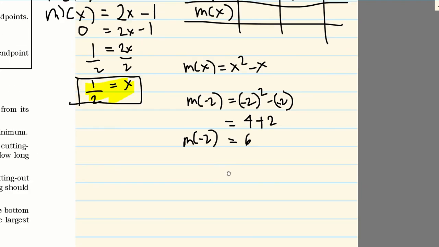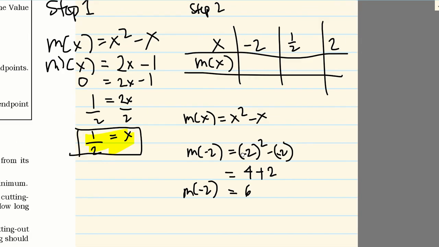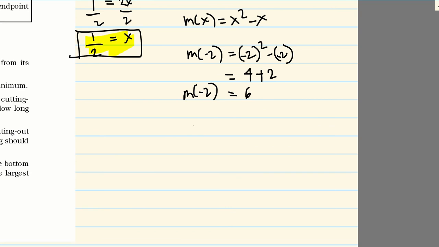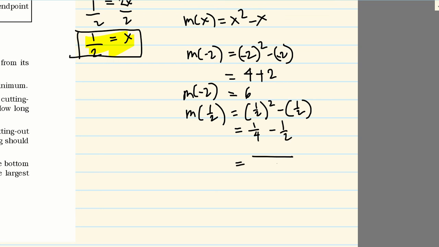And then we do the same for 1/2: 1/2 squared minus 1/2 is equals to 1/4 minus 1/2, which is equals to 1 minus 2 over 4, which is -1/4.